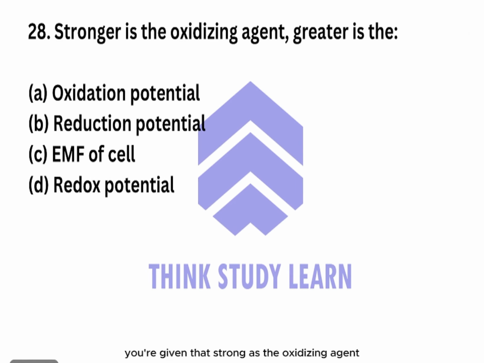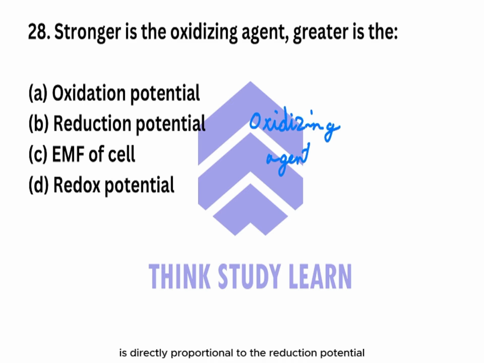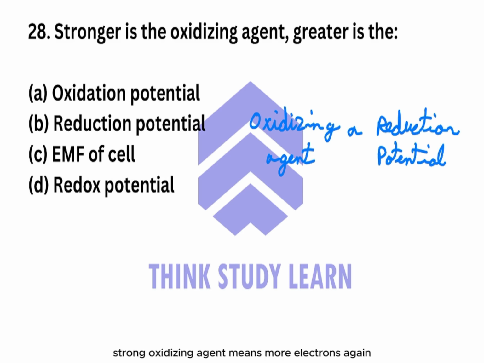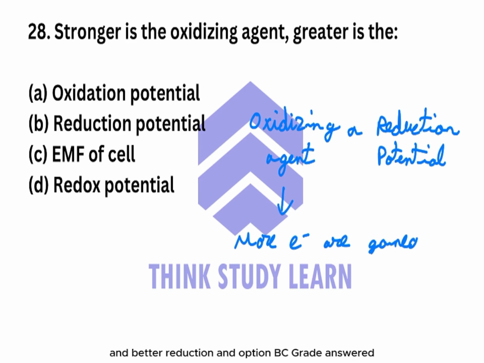In our next question, we are given that stronger is the oxidizing agent, greater is the what? The strength of oxidizing agent is directly proportional to the reduction potential. Strong oxidizing agent means more electrons are gained and better reduction.